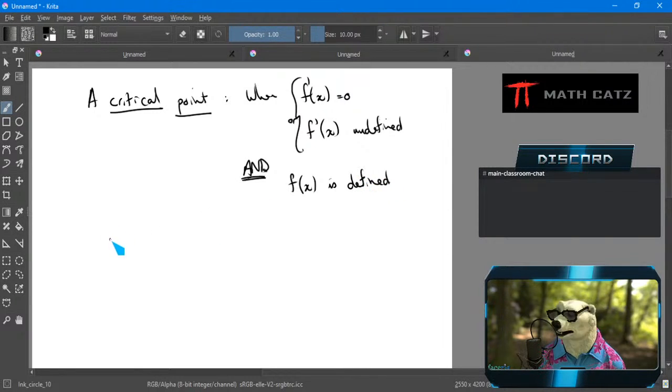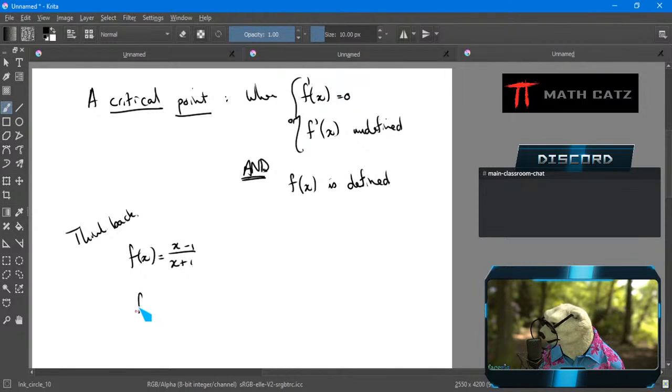Now, if you think back to, let me just go quickly find that example that we did, the rational function one. We did this. You can look back on your notes. We did that yesterday. We found the derivative to be 2 over (x plus 1), everything squared.